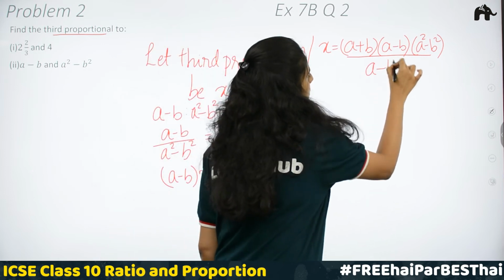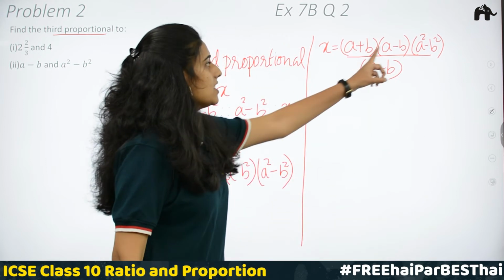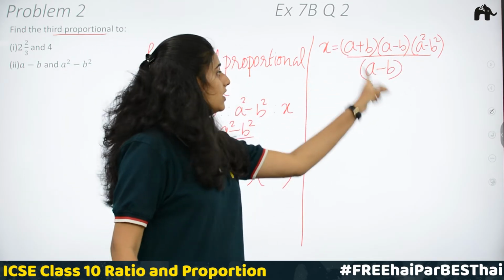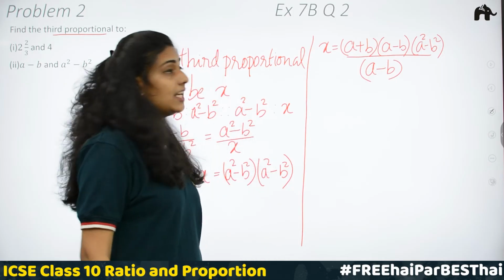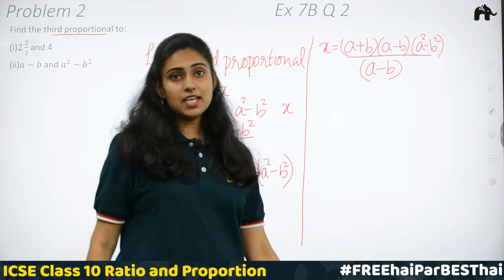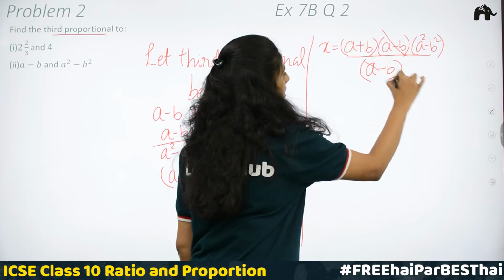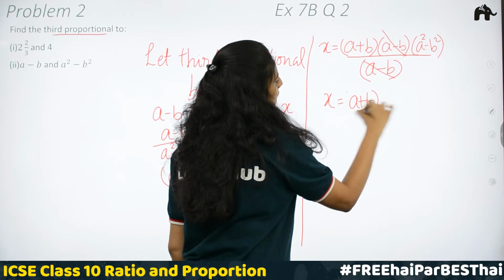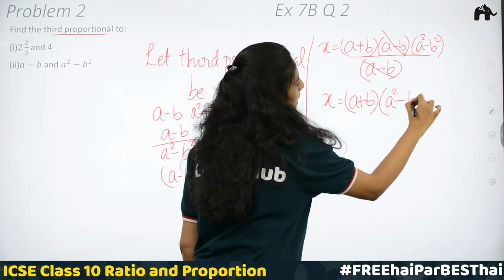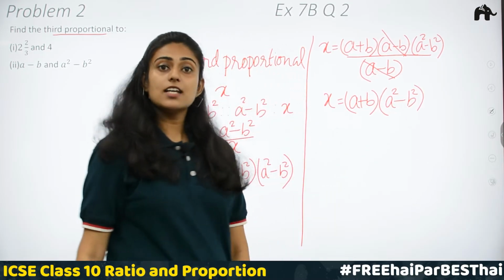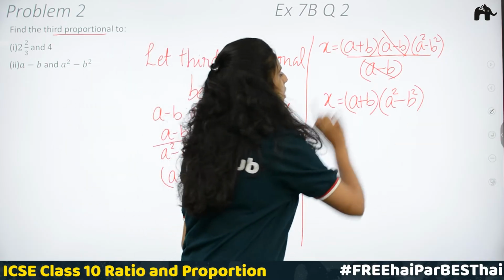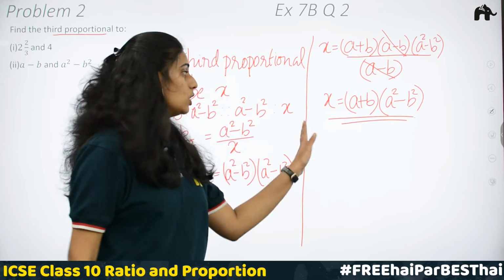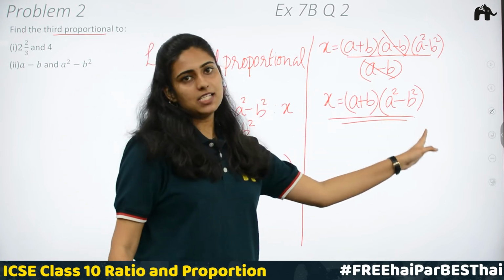We are changing a square minus b square to a plus b into a minus b so that we can cancel this from numerator and denominator. a minus b can be cancelled. Then x is equal to a plus b into a square minus b square, which is our third proportional. There is no other modification to be done. This is your final answer: x is equal to a plus b into a square minus b square.